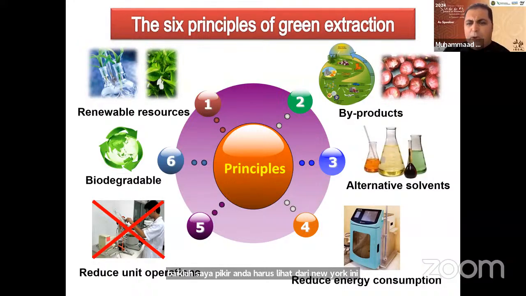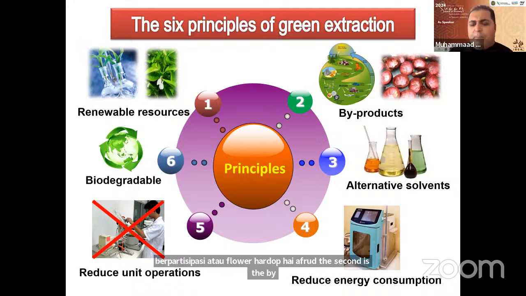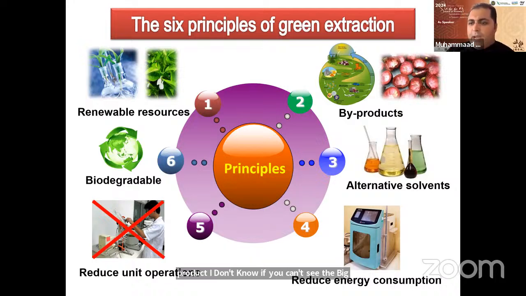The second is the byproduct. Alternatively, you can also use the byproduct. For example, we are using a variety of vegetables and fruits in our home. The byproducts are the waste material which we are throwing in the garbage. Sometimes these waste materials can be used as a source for the preparation of herbal extract.